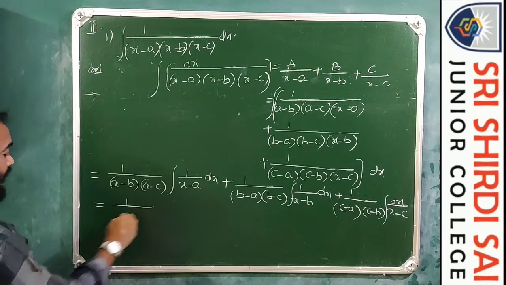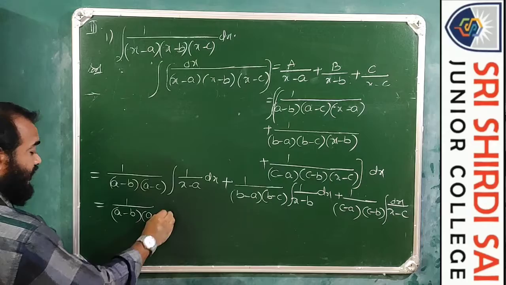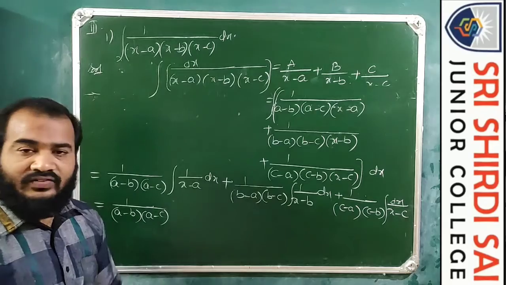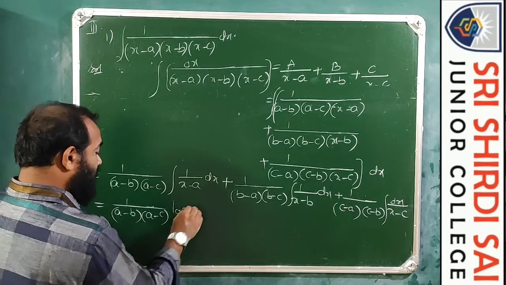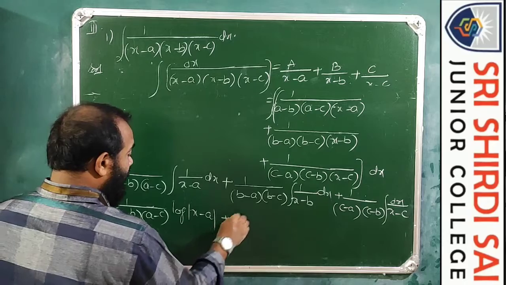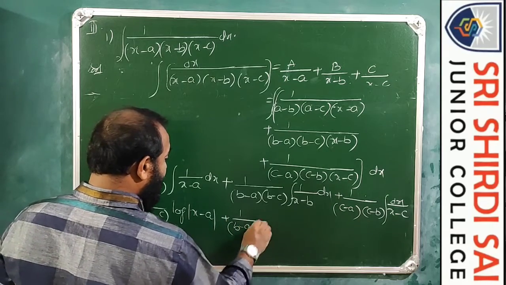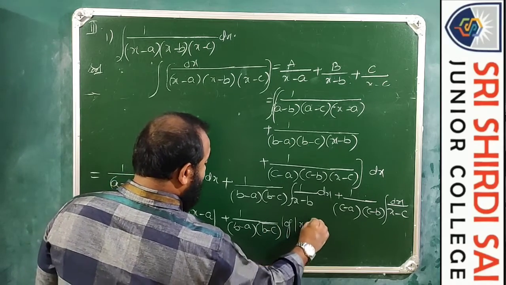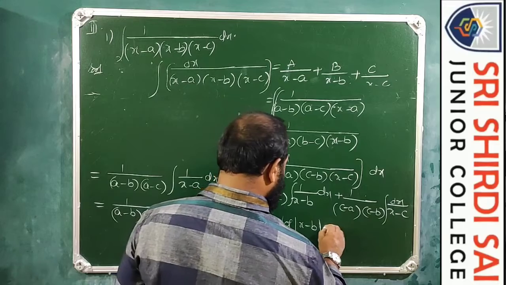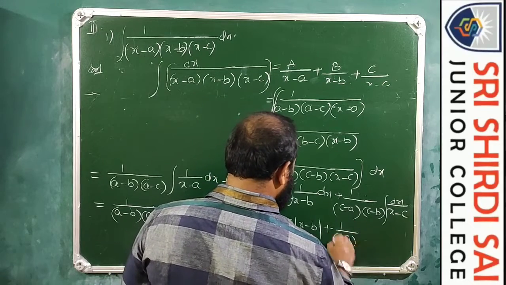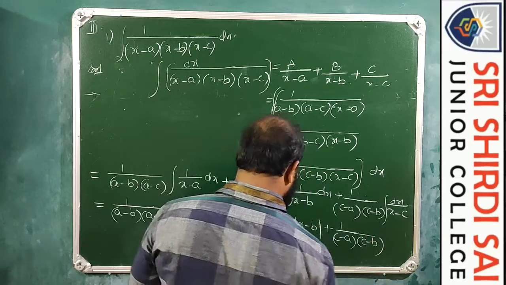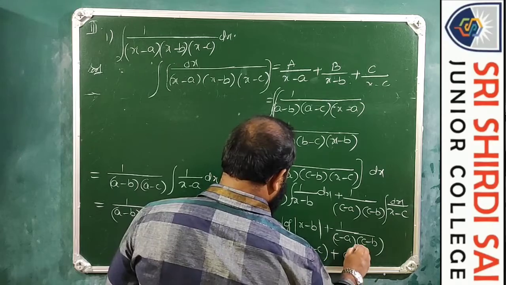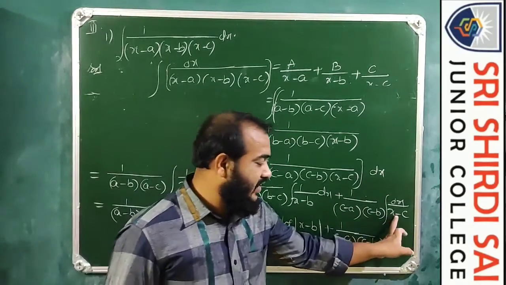So this is equal to 1 by (a minus b) into (a minus c). The integral of 1 by x dx is log mod x, so the integral of 1 by (x minus a) dx is log mod (x minus a), plus 1 by (b minus a) into (b minus c) into log mod (x minus b), plus 1 by (c minus a) into (c minus b) into log modulus of (x minus c), plus constant of integration C dash, because C already existed here.